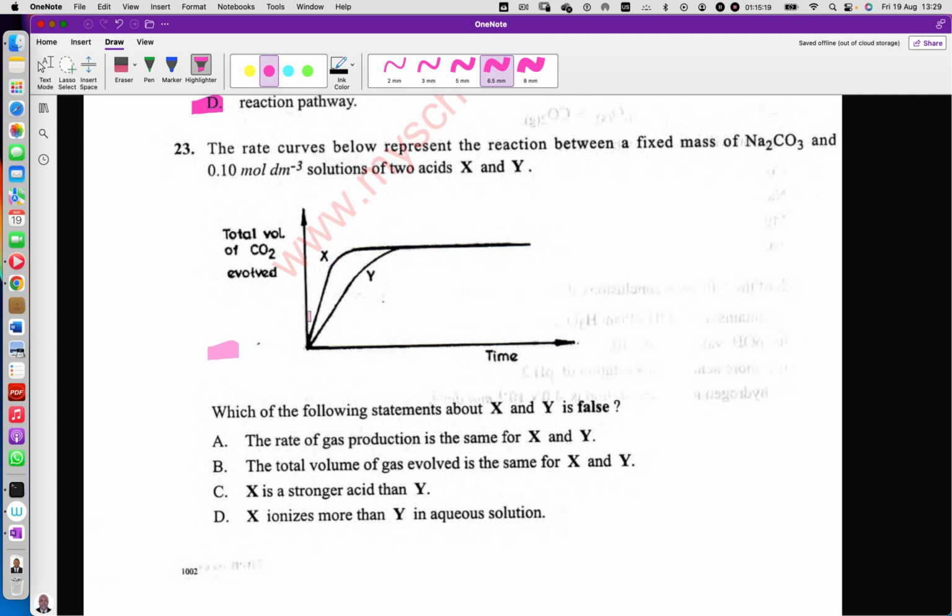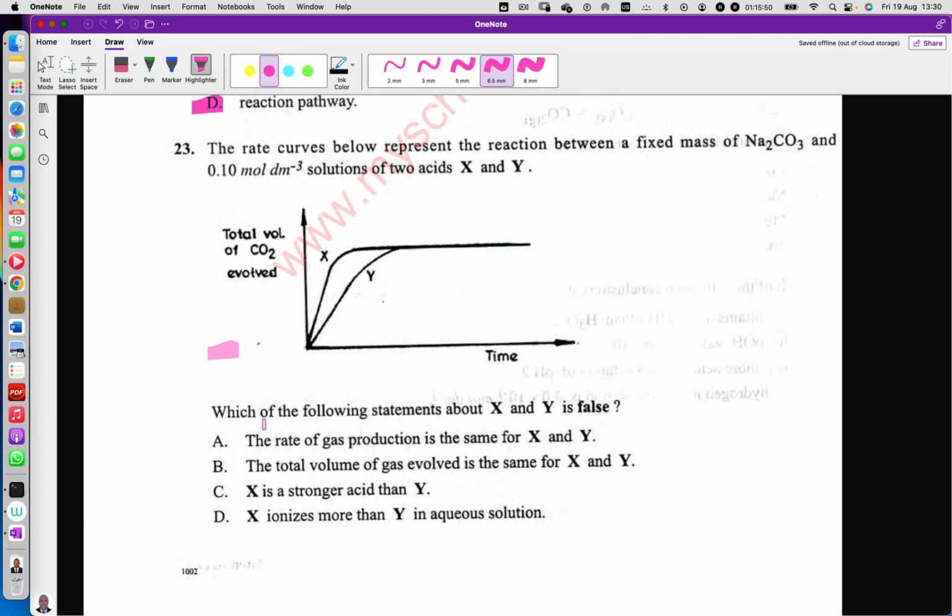The gradient here is steep to show that the reaction here is very fast. Carbon dioxide is collected within a short period of time. For instance, if it is collected after every 2 minutes here, carbon dioxide will be collected here after every 5 minutes. So this one is slow, this one is faster. At the end of the day, they will yield the same volume of carbon dioxide.